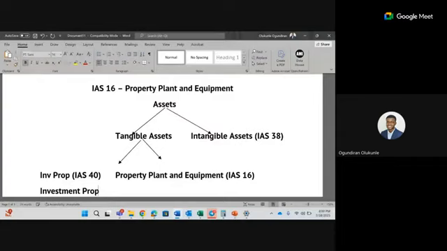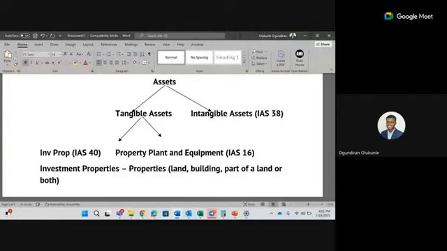But we'll typically talk about investment property, the standard is IAS 40, as properties held. By property, I'm referring to land, building, parts of a land, or both, held for capital appreciation.